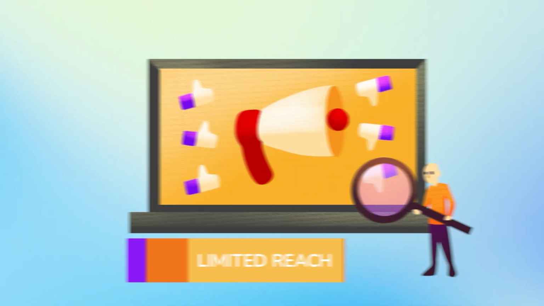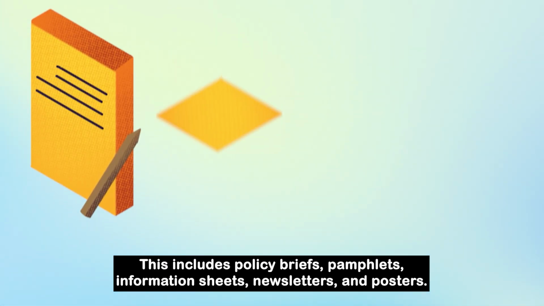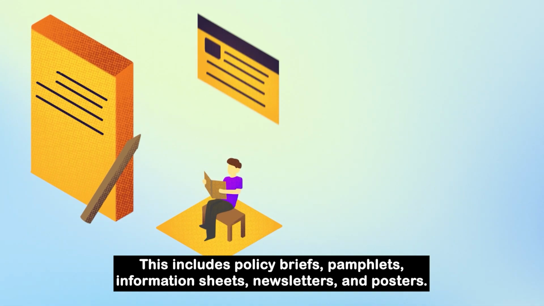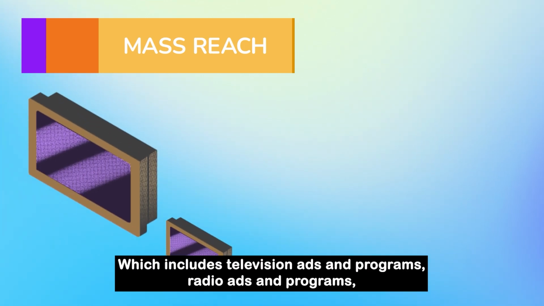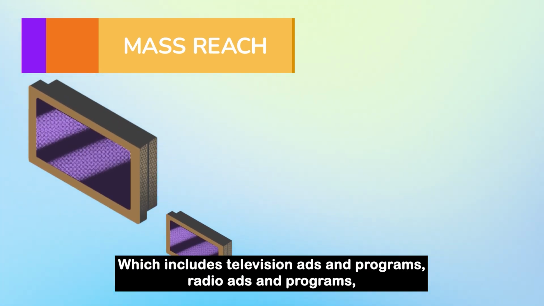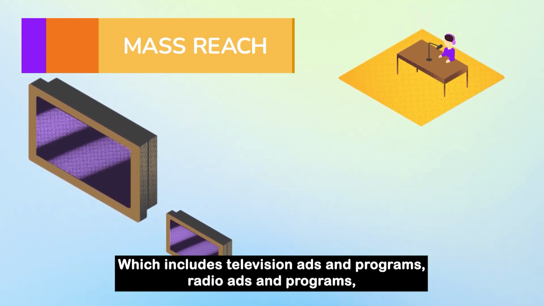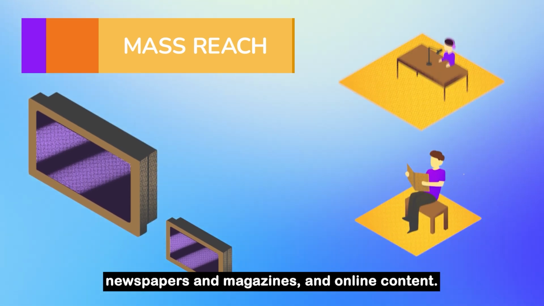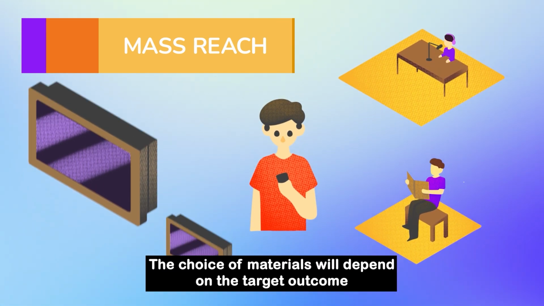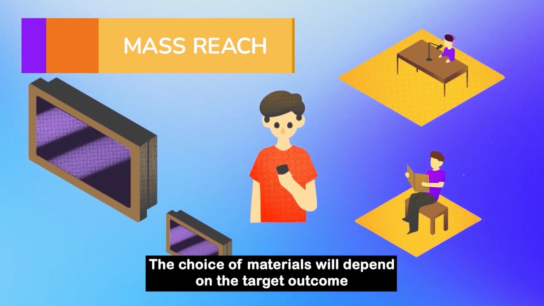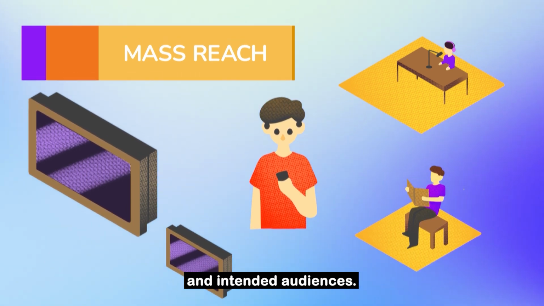Limited reach, which includes policy briefs, pamphlets, information sheets, newsletters, and posters. And mass reach, which includes television ads and programs, radio ads and programs, newspapers and magazines, and online content. The choice of materials will depend on the target outcome and intended audiences.